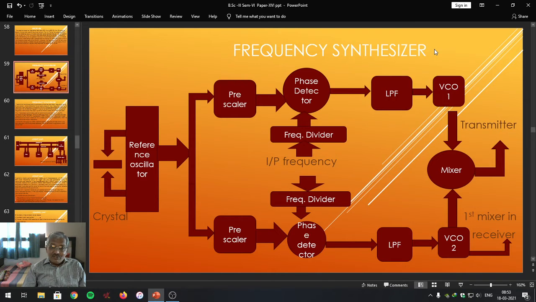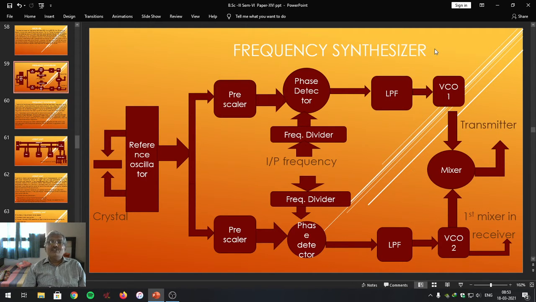The frequency synthesizer is the unit that is used to generate the necessary frequencies, after being synthesized, for the transmitter as well as the receiver.